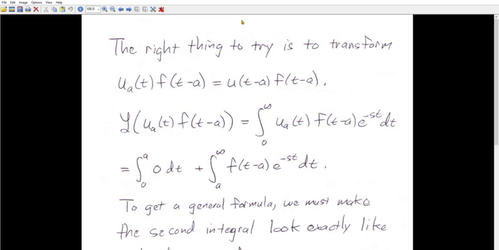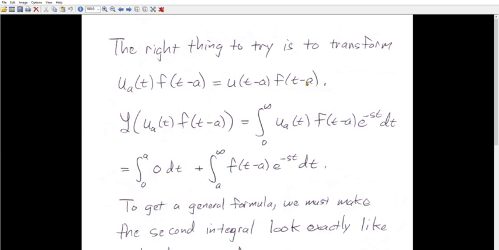It turns out the right thing to do is to try and transform the step function times f not of t, but of t minus a, and we will see how that works out when we actually do the transform. That's exactly the same as writing u(t minus a) f(t minus a), or h(t minus a) f(t minus a).